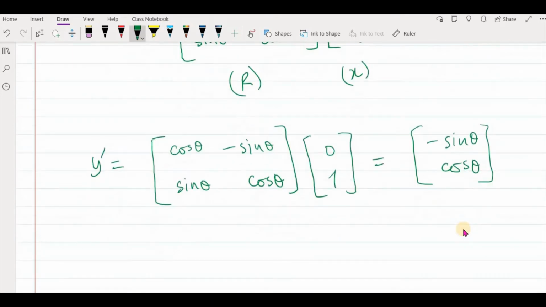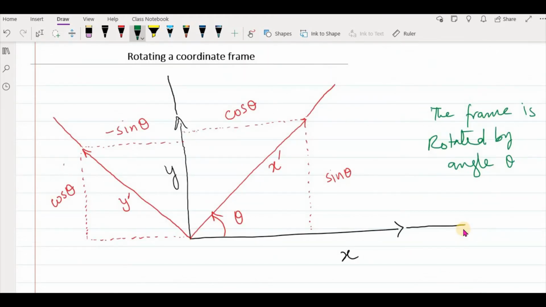And similarly, the new rotated unit vector y prime is equal to minus sine theta and cosine theta. So this is how we can find the coordinates of the rotated frame if the rotation is by angle theta.